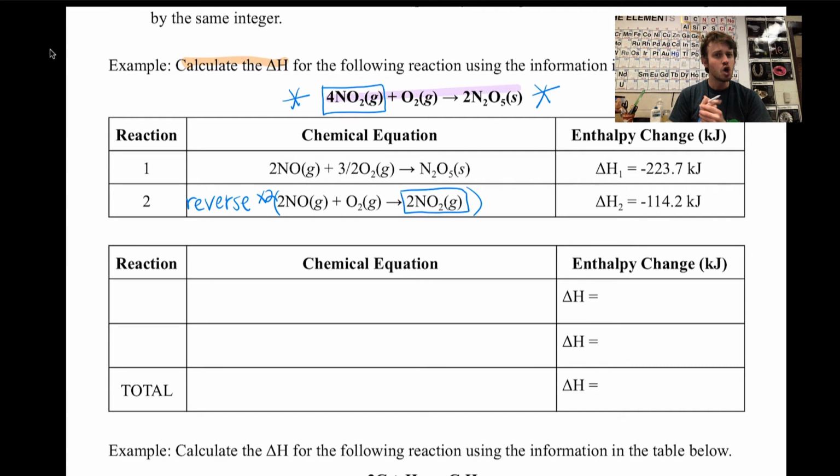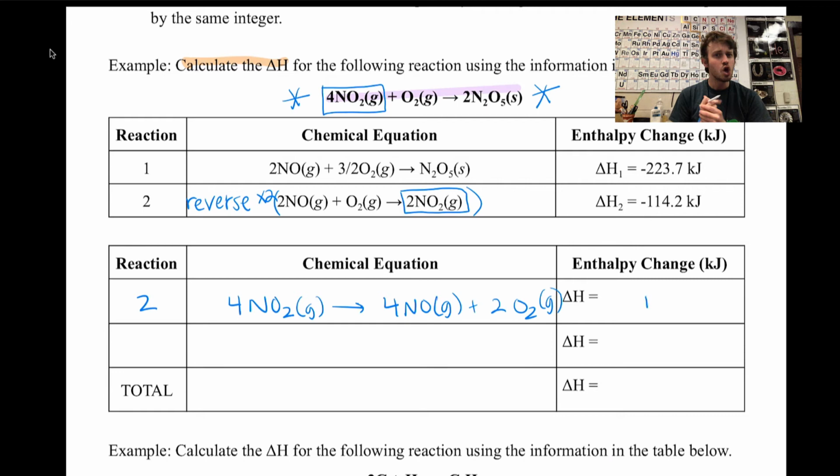So I'm actually going to rewrite this. Like I said, I'm going to reverse it and multiply it by 2. So that's going to be 4 NO2 goes to form 4 NO plus 2 O2. Now, like I said earlier, when I reverse a reaction, I have to change the sign of delta H. And when I multiply by a number, I have to multiply delta H by that number.